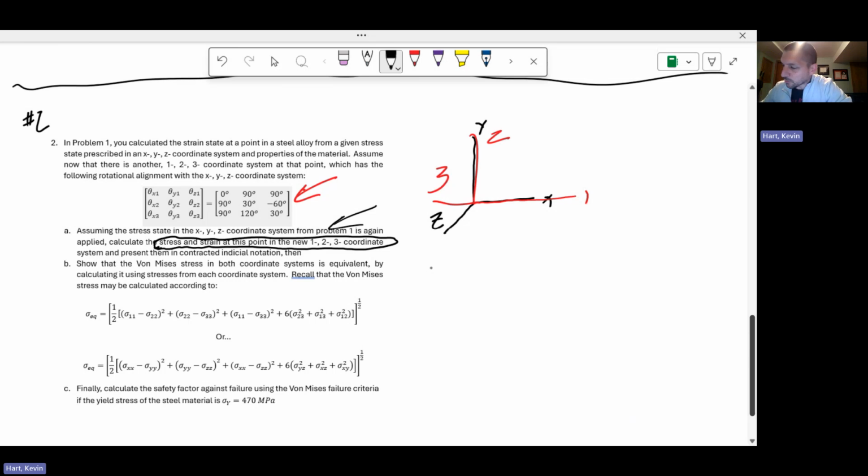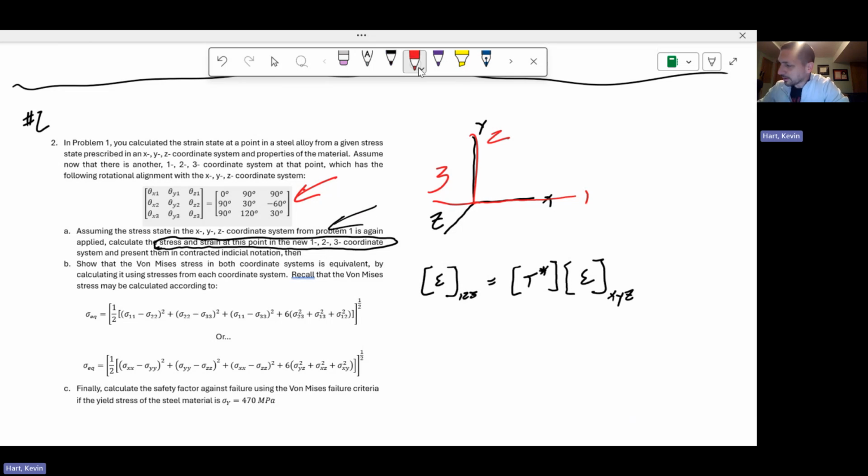When we transfer between coordinate systems, we have slightly different equations that use what's called a transformation matrix. If we're looking for strain in the 1, 2, 3 coordinate system, and we want to use strain that already exists in the XYZ coordinate system, we can do that with the transformation matrix. Here, we label that as T star, and this is times the strain that exists in the XYZ coordinate system.